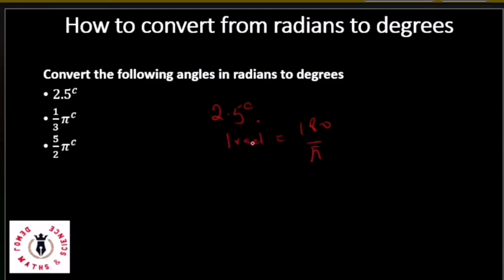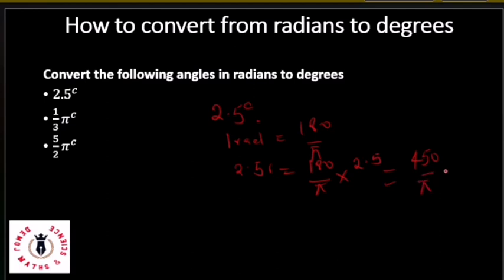If 1 radian is equal to 180 over pi, obviously 2.5 radians will be equal to 180 over pi times 2.5. You can easily use your calculator to multiply 180 by 2.5, that will be equal to 450 from my calculator.